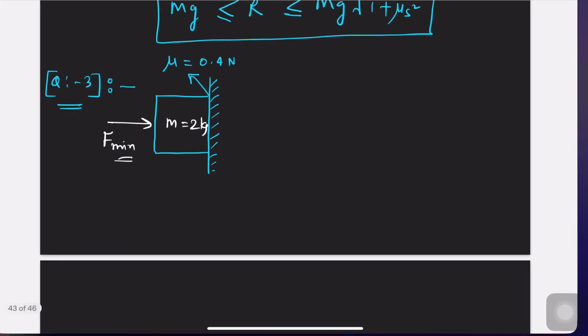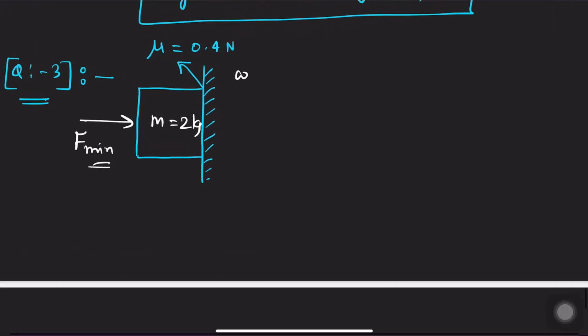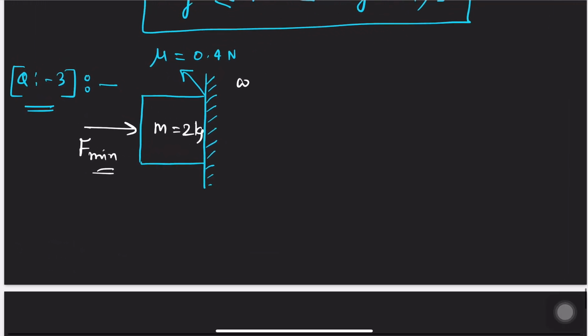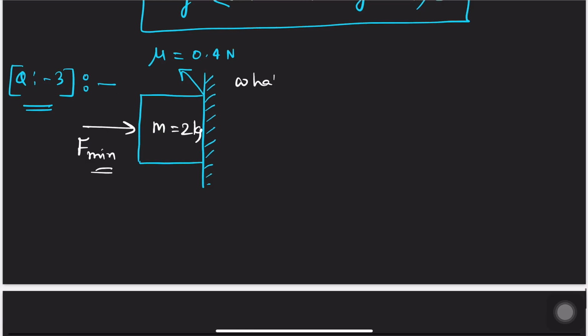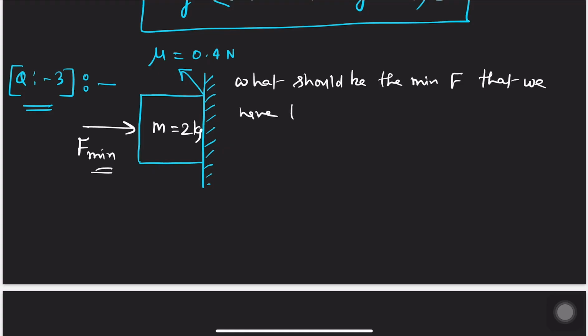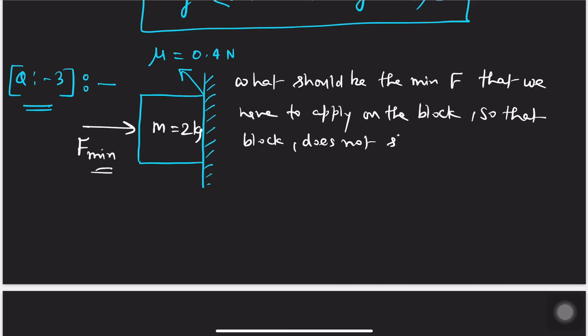What should be the minimum F that we have to apply on the block so that the block does not slip downward?